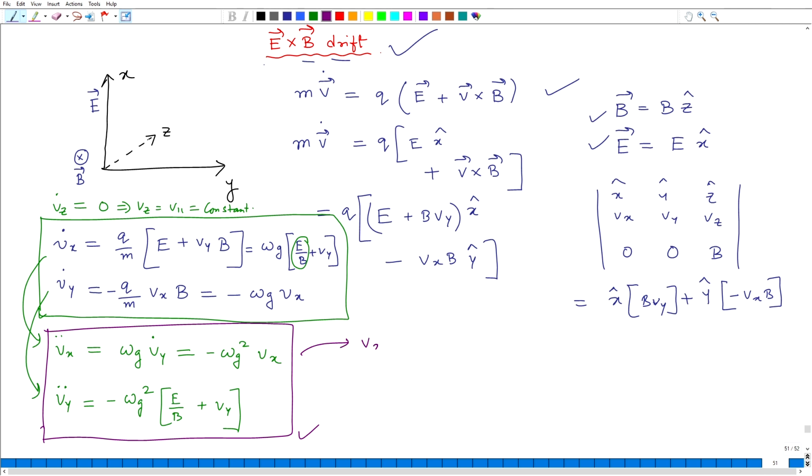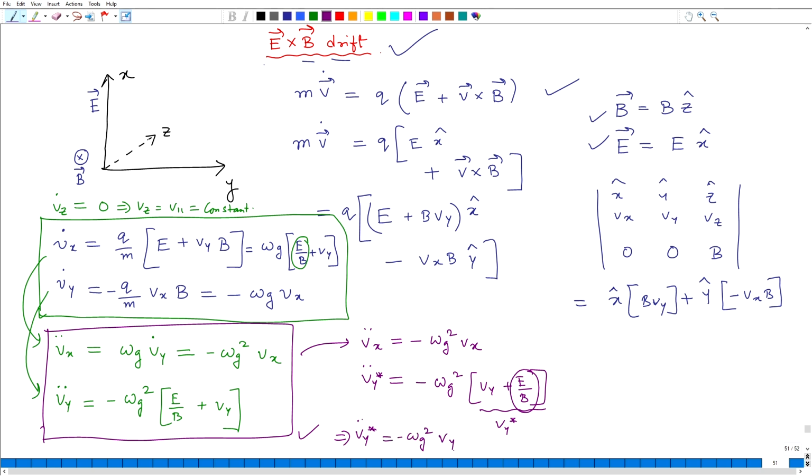So, you can write v x double dot is equal to minus omega g whole square v x, and v y double dot is equal to minus omega g square times (v y plus E by B). If you call this one v y star, because this is just a shift by a constant, you have v y star double dot is equal to minus omega g square v y star.